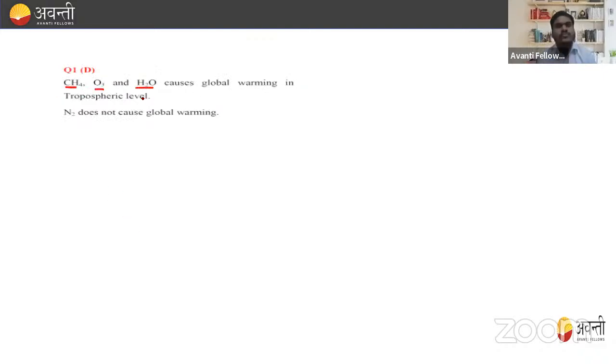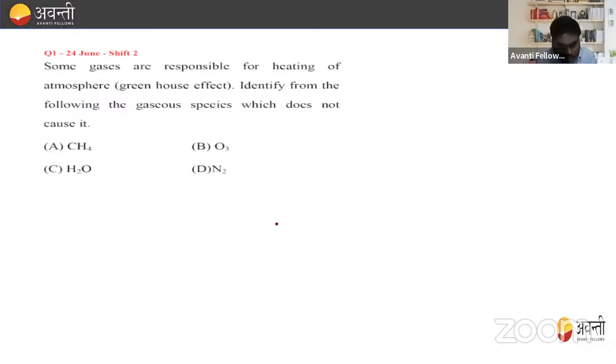Now, just remember this, beta. CH4, O3 and H2O cause global warming at the tropospheric level. N2 does not cause global warming. So the correct option is N2. Except N2, CH4, O3 and H2O all cause the greenhouse effect.